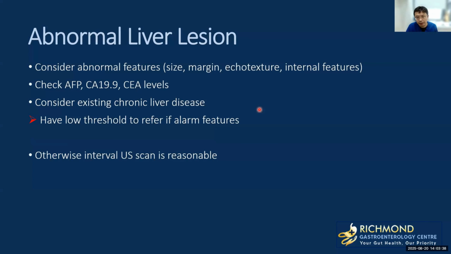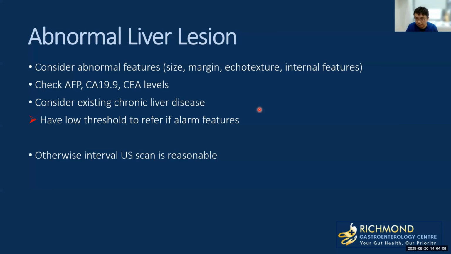Whether it's hyperechoic or hypoechoic, whether there's heterogeneous internal features, whether there's blood vessels inside. Your tumor markers, which you also taken at the time of health screening, can also help you guide to see whether this is something urgent that need to be seen by a specialist. Always consider if there's a liver lesion and the person has chronic liver disease or liver cirrhosis, you should have a very low threshold to refer to a specialist.